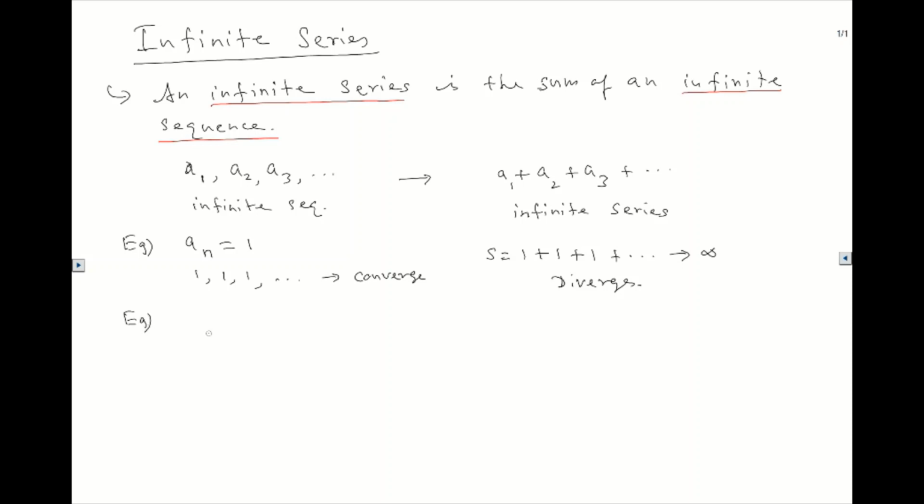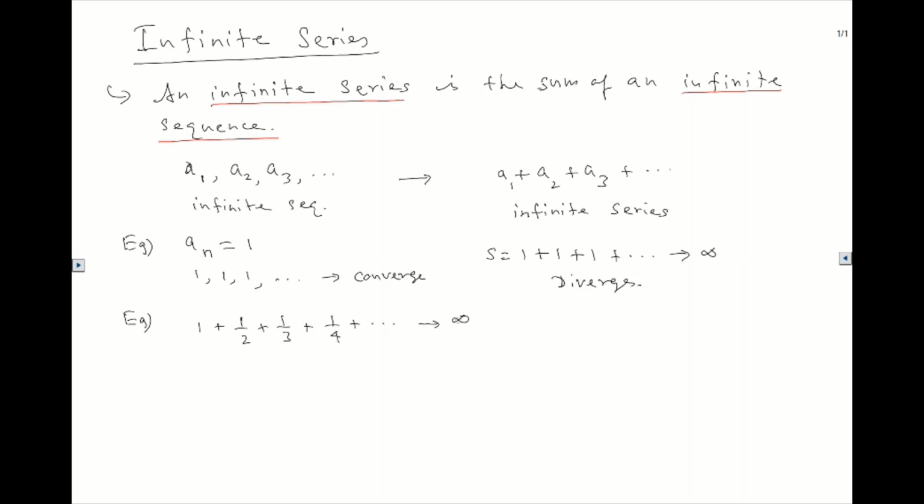So I'm going to write a few. So let's say 1 plus 1/2 plus 1/3 plus 1/4. What do you think? This will be less than 2, less than 3. So actually we can show that this is going to go to infinity.